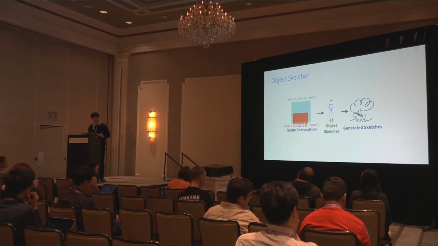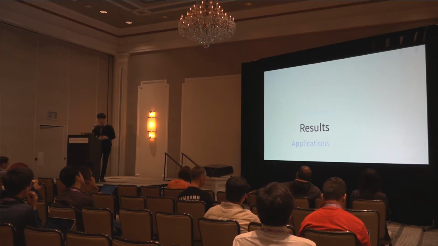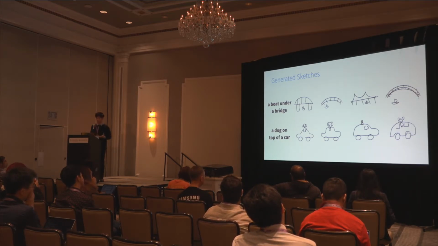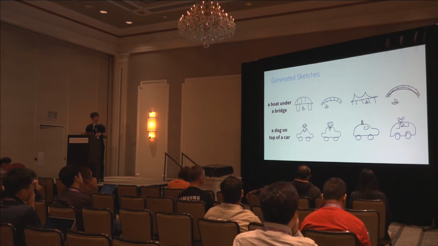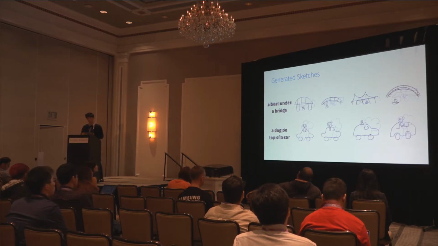Now, let's look at some generated sketches that come out of our Sketchforme system. These are some complete sketches generated by Sketchforme. We can see that each object is adequately placed in the scene. They are positioned slightly differently or have slightly different sizes, but they all follow the patterns dictated by the descriptions, like a boat under a bridge and a dog on top of a car.